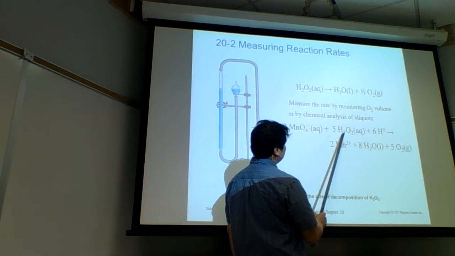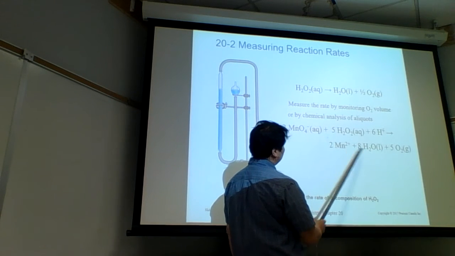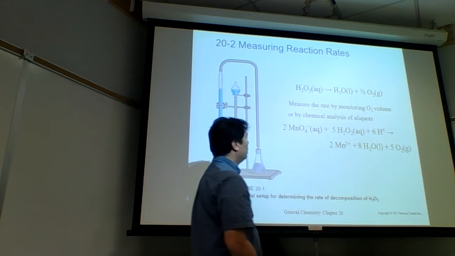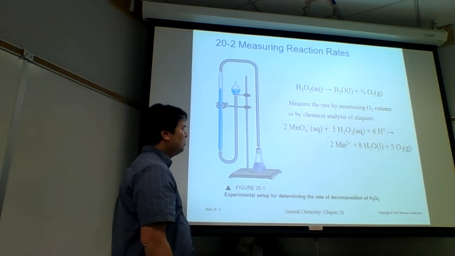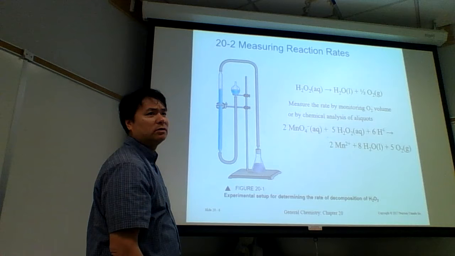Over here in this particular one, you're using permanganate in this redox reaction. Now, normally hydrogen peroxide is an oxidizer or reducer?